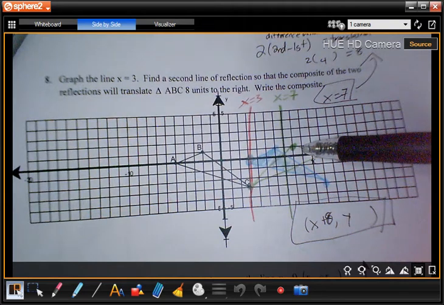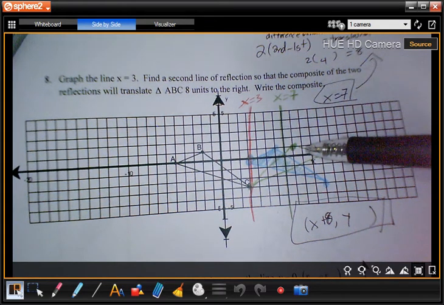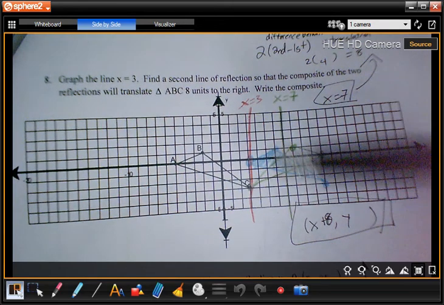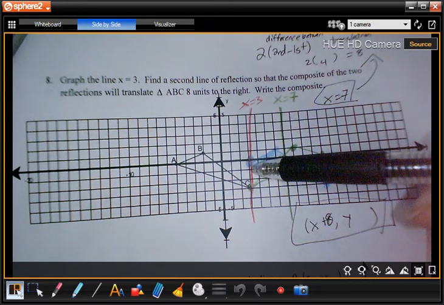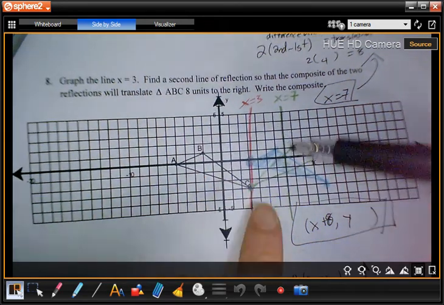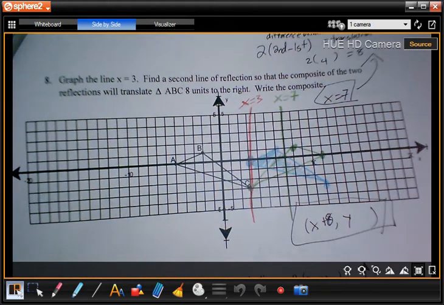I've reflected the green one. Now I'm taking the green one and reflecting it over x equals 7, and that gave me the blue one. So don't go back to the original image. Do the second one. Yeah, a lot of people make that mistake. Remember, when we're reflecting something over 2 things, reflect the new one you made over the last one. I think that helps. Others?